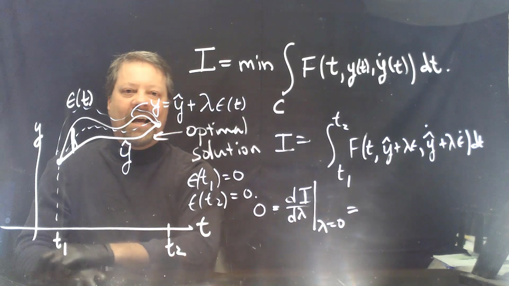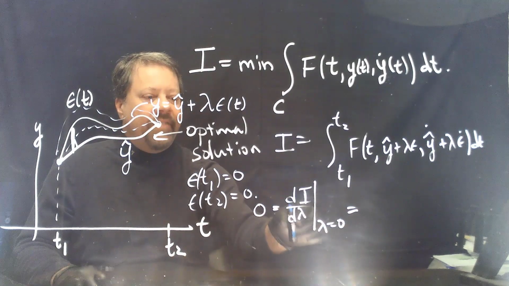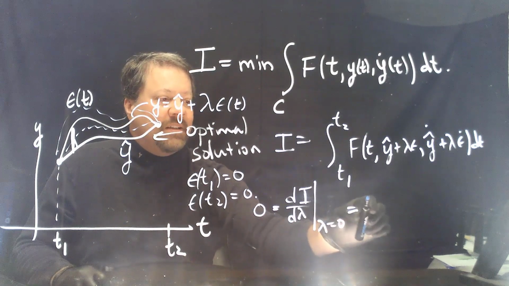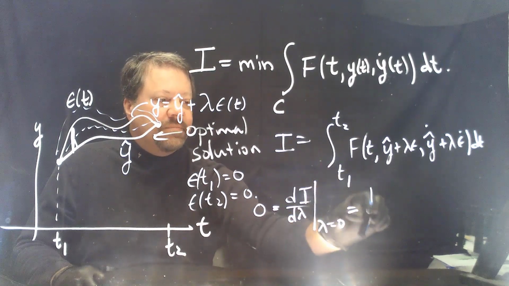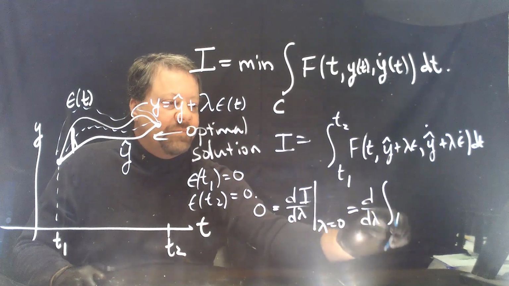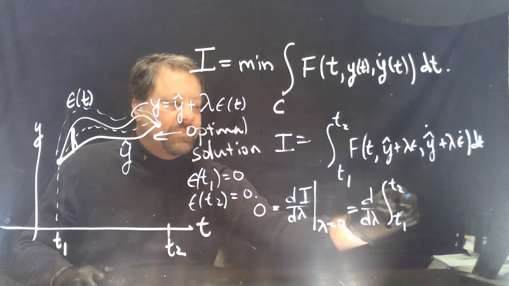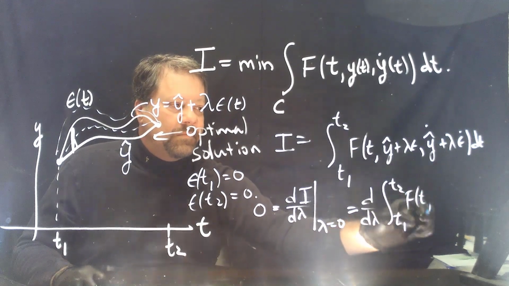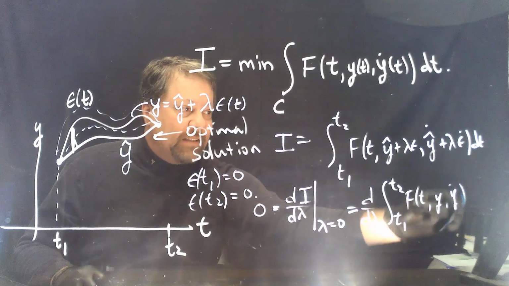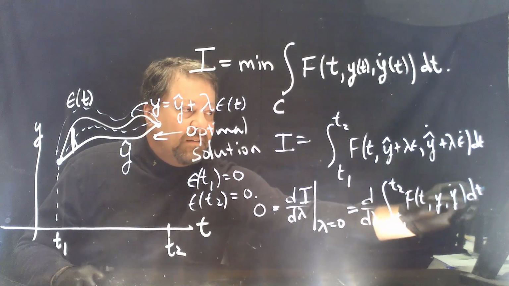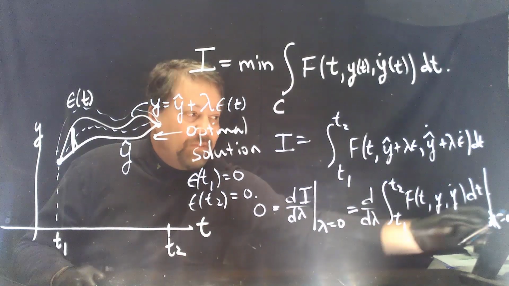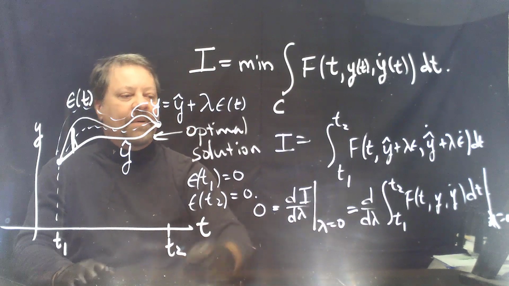Let's see what happens. We have this derivative with respect to lambda, and we will evaluate at lambda equals 0. But the derivative is of an integral. We're going to have this y and this y dot, and then we're going to evaluate at lambda equals 0. How do we do this?